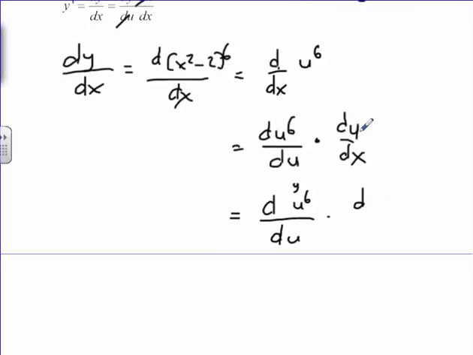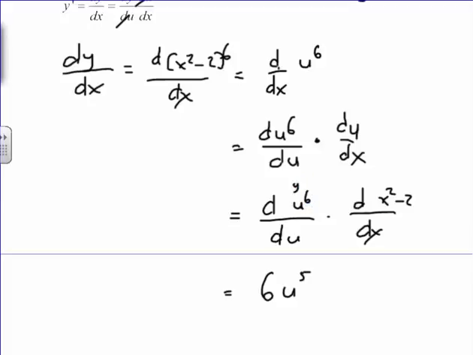And then I'm going to take the derivative of u. I'm going to substitute this in here. Didn't I say a second ago that u was going to be x squared minus 2, over dx? Which means that when I derive this guy right here, it becomes 6u to the 5, right? And I can do this now that I've changed y out for u to the 6.